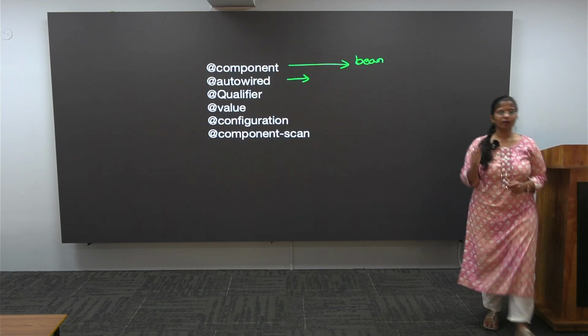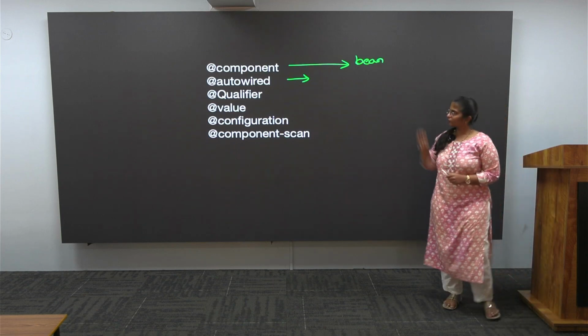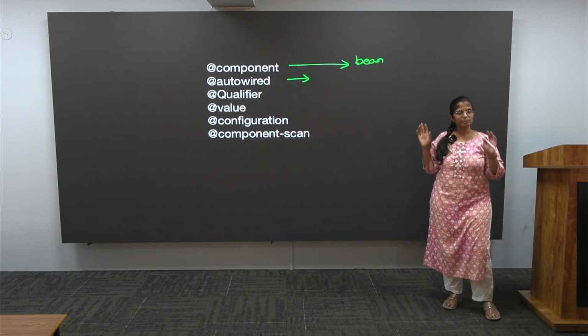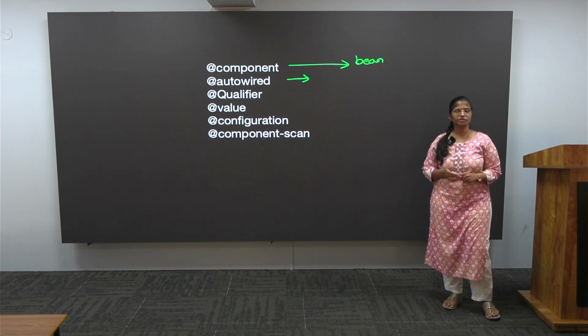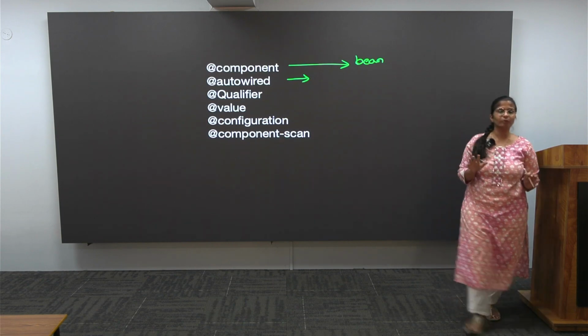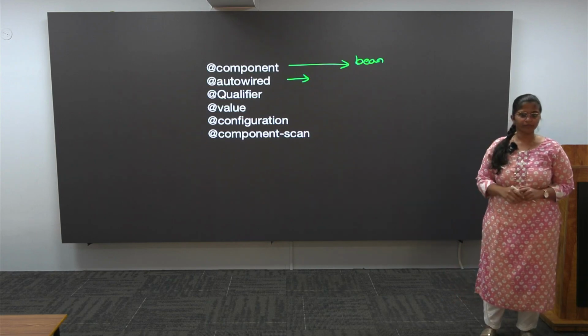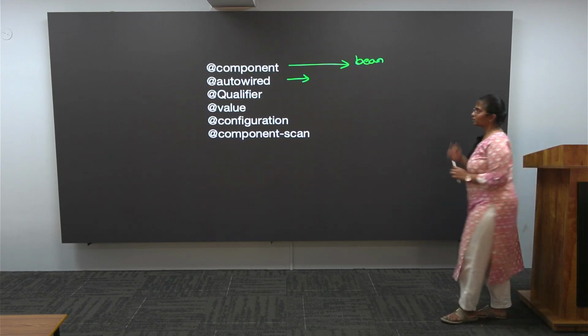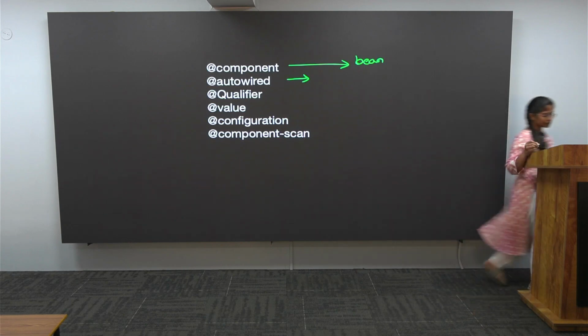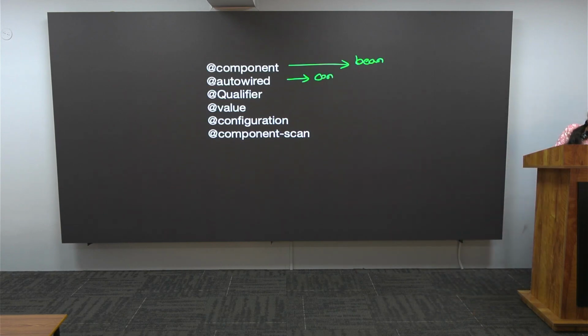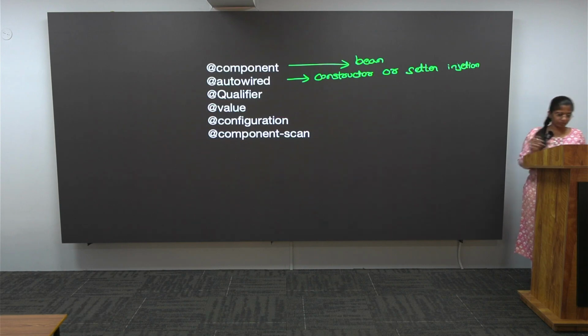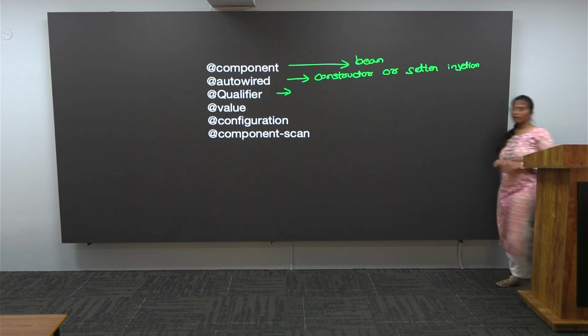If you have written this for a constructor, then Spring will understand you are doing constructor injection. If you have made use of it for a setter, Spring will understand you are making use of setter injection. Is it clear? Okay. So this is for constructor injection or setter injection.